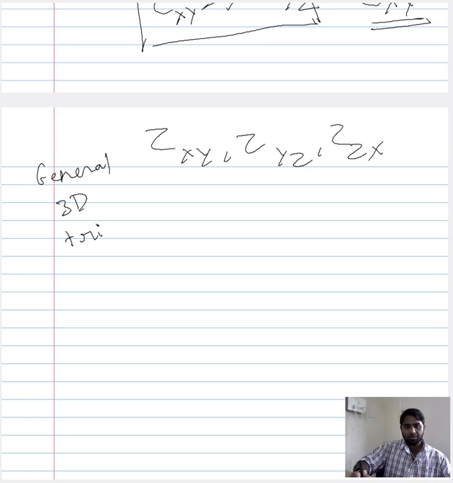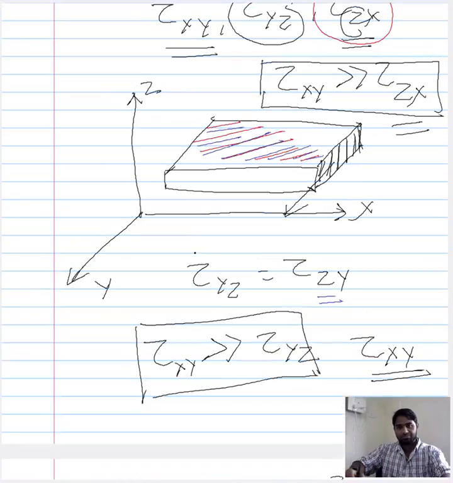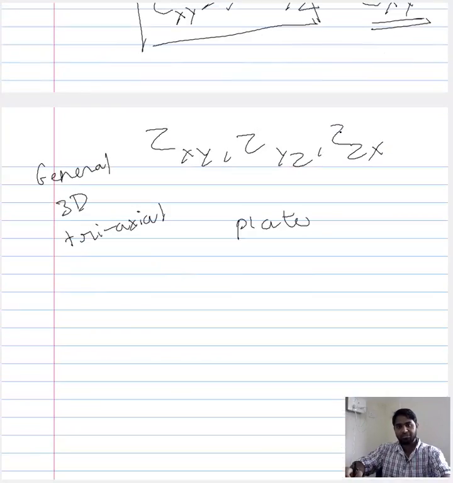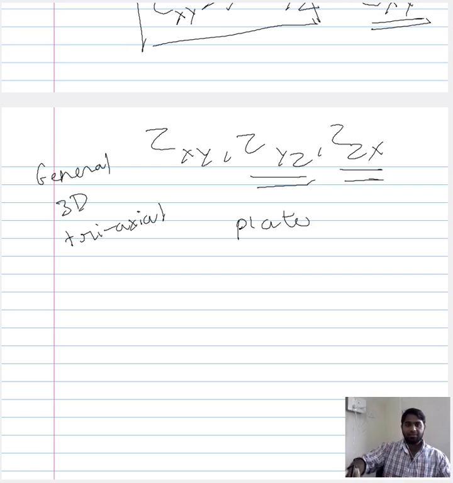However, in the case of a plate, a 3-dimensional plate with a dimension something like this, you can get rid of these 2 shear stress components, because the associated areas are quite large, and ultimately the only shear stress component of any significance is this.